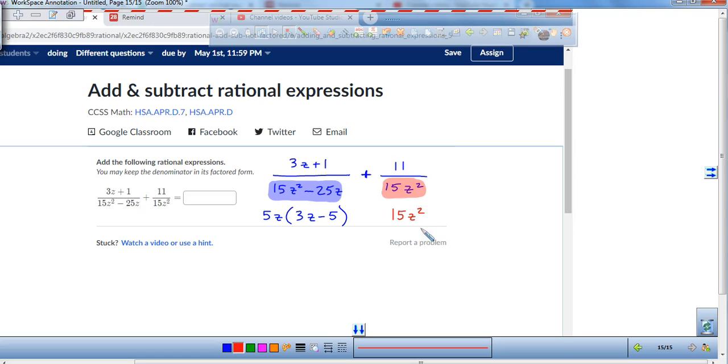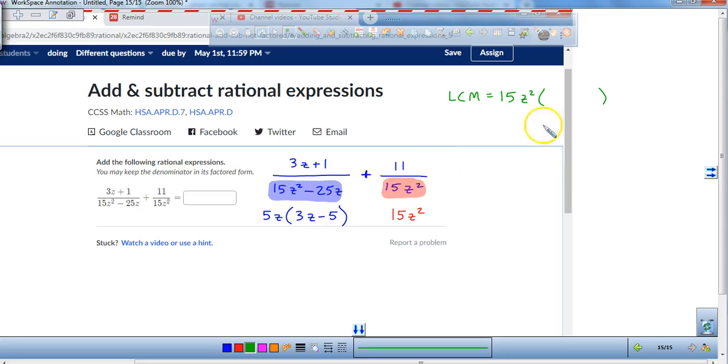15z squared. All right, so what we're going to do right now is find what's called the least common multiple. Now, the least common multiple between a 5 and a 15 is 15. And the least common multiple between a z and a z squared is z squared. And then we have to add one more little thing.